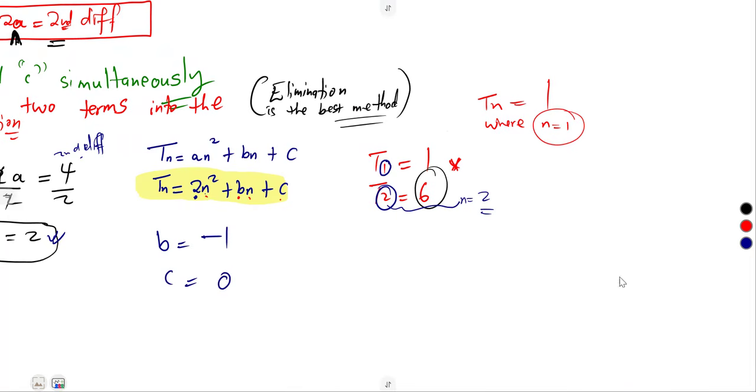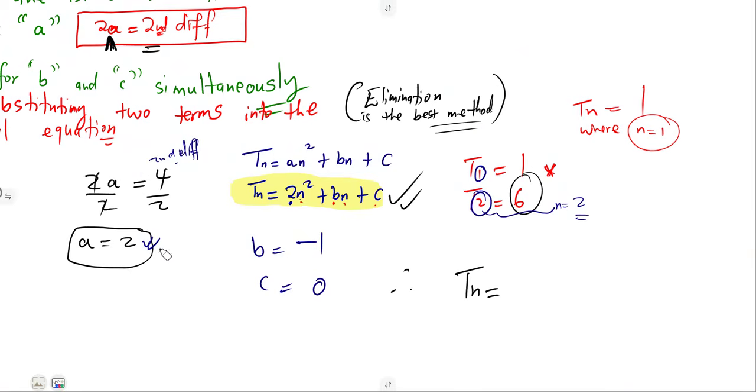We can substitute this and say, therefore, our Tn is equal to, remember already here we substituted where we said a is equal to 2. So we're already at this stage. So that's 2n squared plus our b is -1, so that's -1n, -n there, plus our c, which is 0.